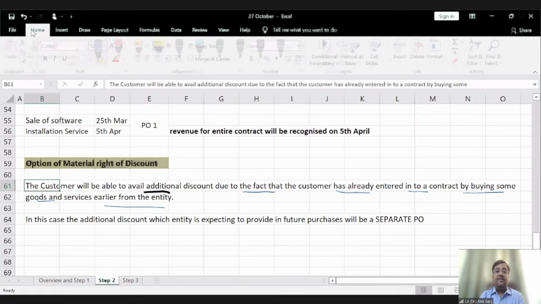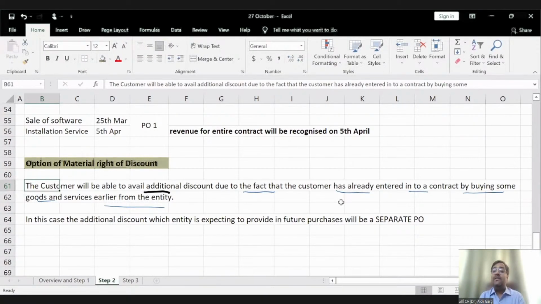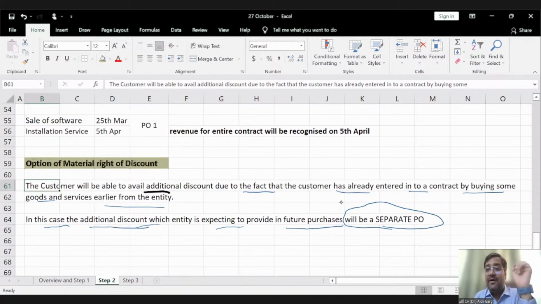Why is the customer getting additional discount? Because the customer has already entered into a contract by buying some goods and services earlier from the entity. In this case, the additional discount which the entity is expecting to provide in future purchases will be a separate performance obligation. The additional discount, friends, mind my word, additional discount.